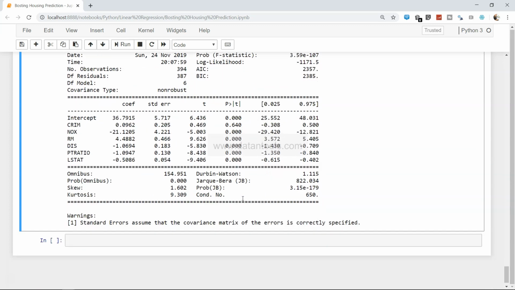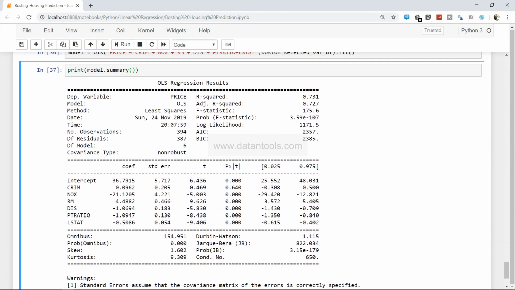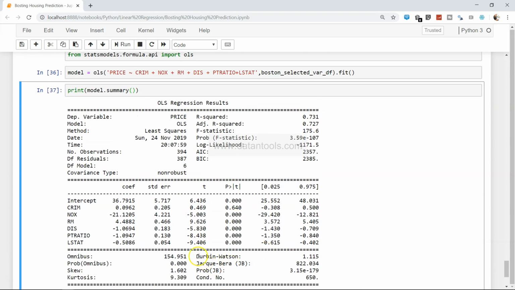Along with that, you have different statistics like omnibus, probability omnibus, skewness, kurtosis, Durbin-Watson, Jarque-Bera, all of which I am not explaining right now, but they are something to take care of. For example, Durbin-Watson, I remember, is used for checking autocorrelation, and if the value is above 2, that means autocorrelation is present.